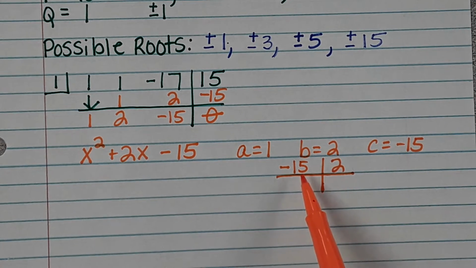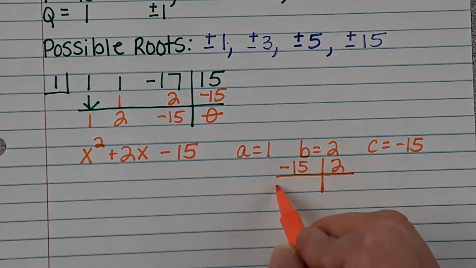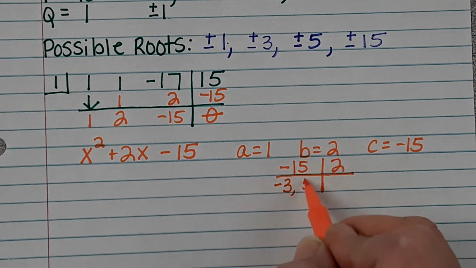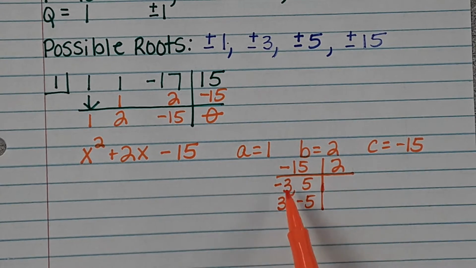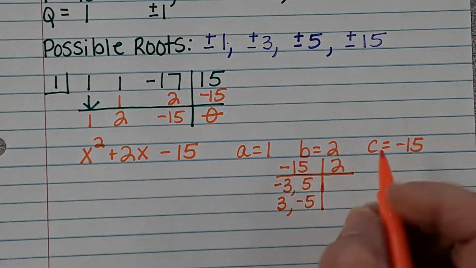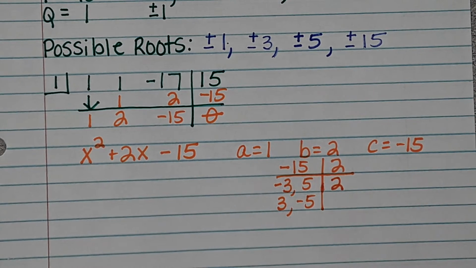Since negative 15 is negative, I am looking for one positive and one negative. So what are two numbers you can multiply to get negative 15? So I have negative 3 and 5, positive 3 and negative 5. What is negative 3 plus 5? Positive 2.